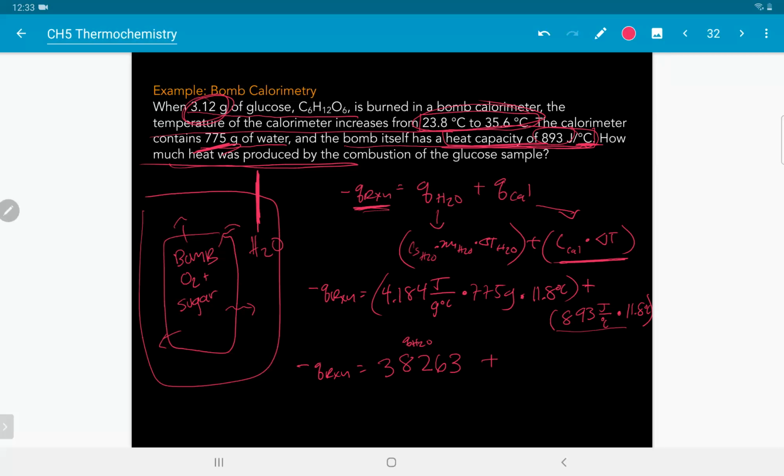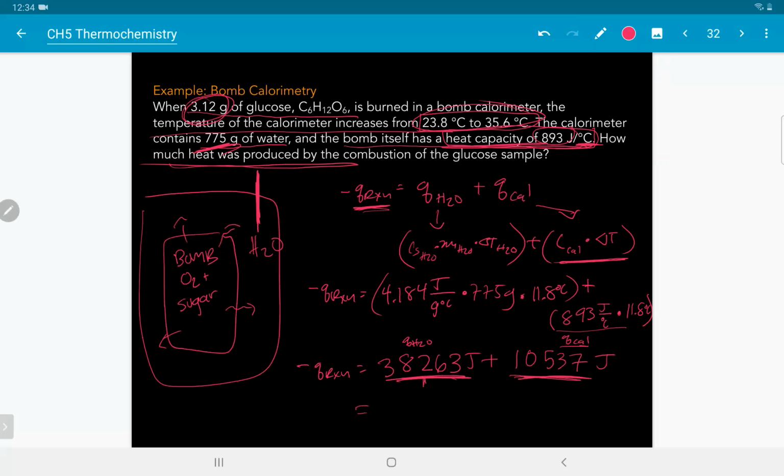Plus the Q from the calorimeter itself. That's the heat capacity of the calorimeter, 893 joules per degree Celsius, times the change in temperature in degrees Celsius, and that is 10,537 joules. That's Q cal. Look, that almost took a fourth of the amount of energy that was from the water.